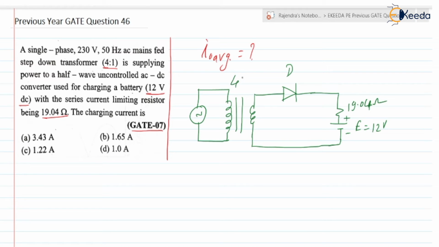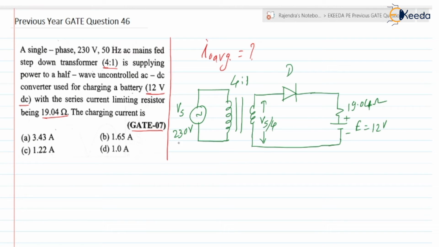Now this is a 4 to 1 transformer. The supply voltage is 230 volt, which is equal to Vs here. So 4 to 1 means a step down, so the voltage we will be getting here is equal to Vs by 4 volt. If the supply is 230 volt, that means Vm into sine of omega t. So Vs by 4 means this waveform we will be getting.